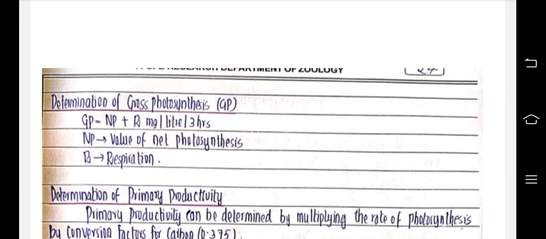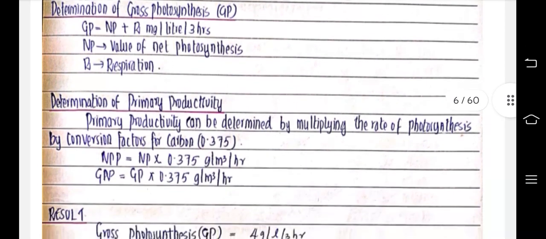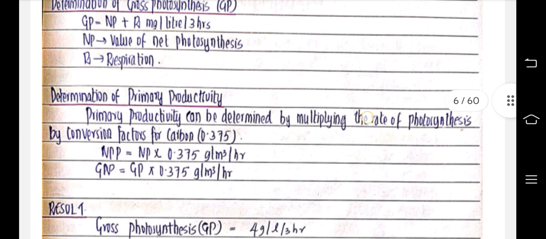After that, determination of gross photosynthesis: Gp is equal to Np plus R mg per liter per 3 hours. Np is the value of net photosynthesis, R is respiration. Then determination of primary productivity. Primary productivity is determined by multiplying the rate of photosynthesis by the conversion factor for carbon.